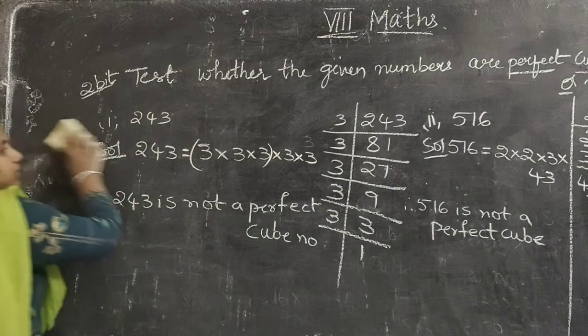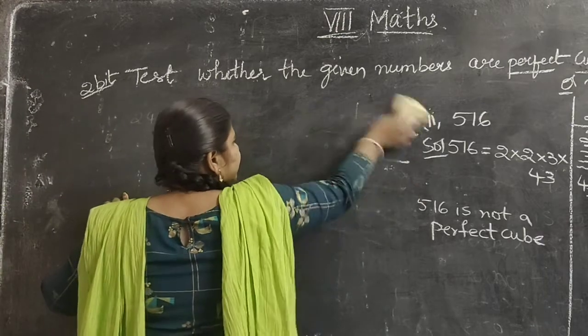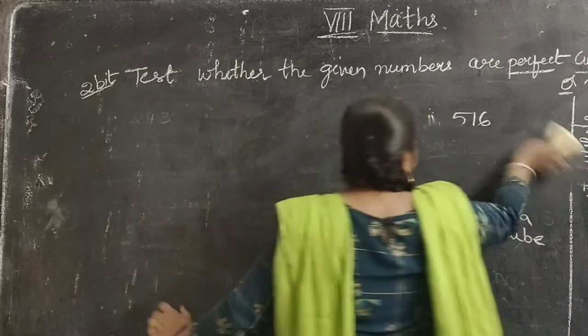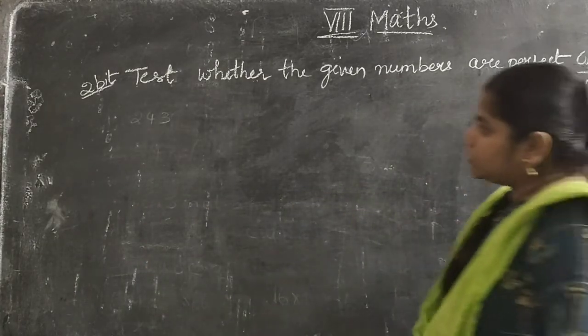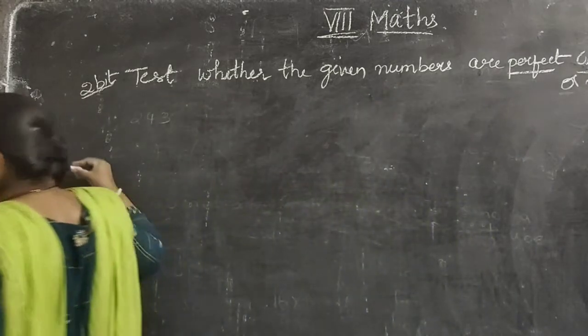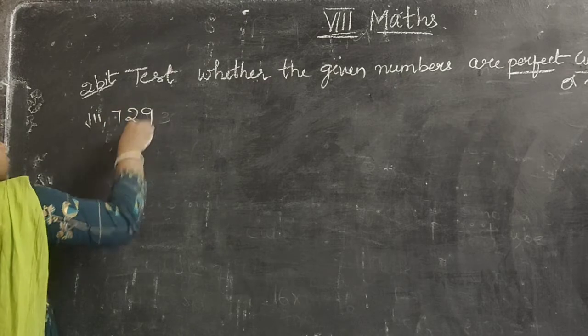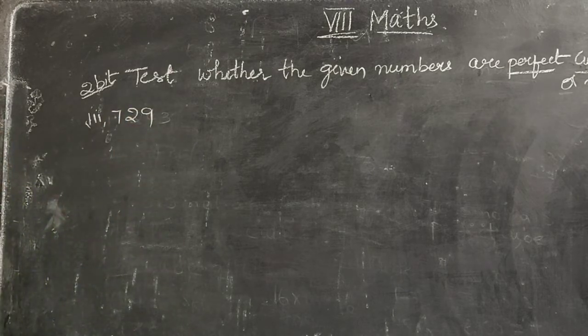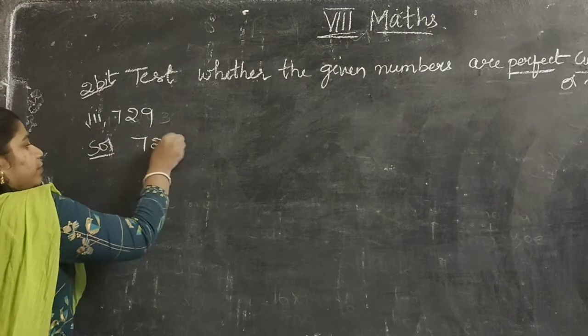So next one is 729. What is the next one? Third question is 729. So whether this 729 is a perfect cube or not, we have to find. So by using prime factorization I am doing.